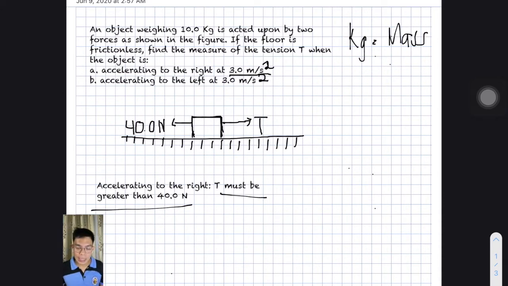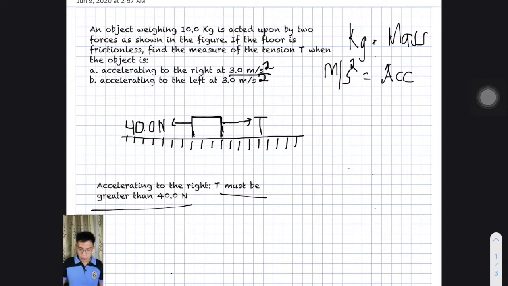It gives us an identification, so to speak. Next, 3.0 meter per second squared. Meter per second squared, in our grade 7 science, we are familiar with that. That is the unit for acceleration. Okay, now at this point in time, we should have an idea what problem we are dealing with.